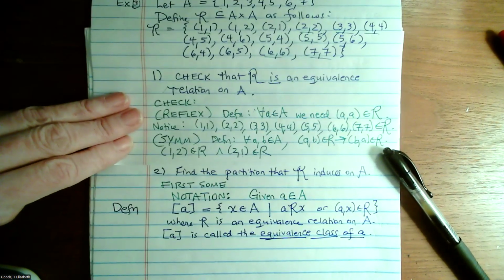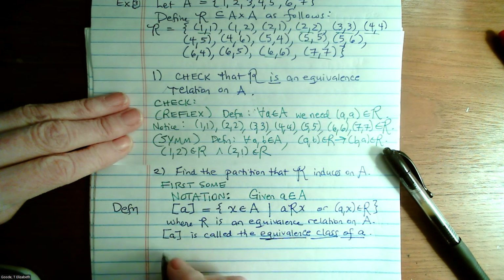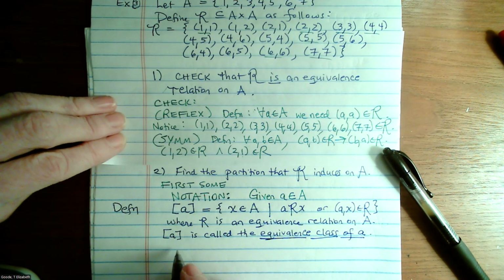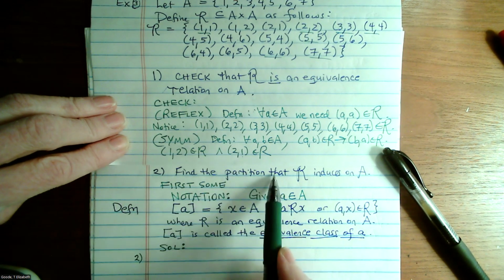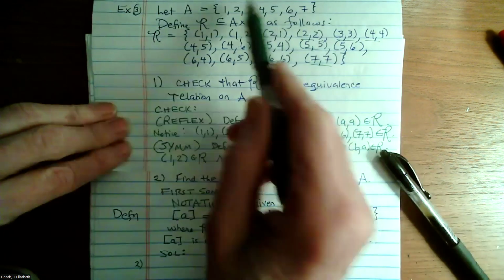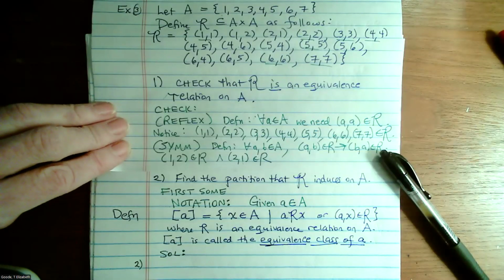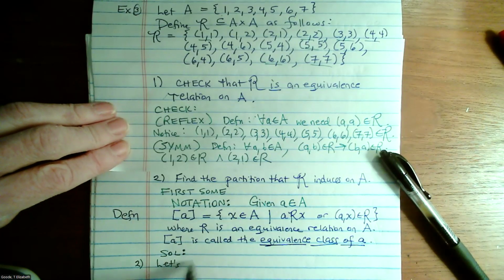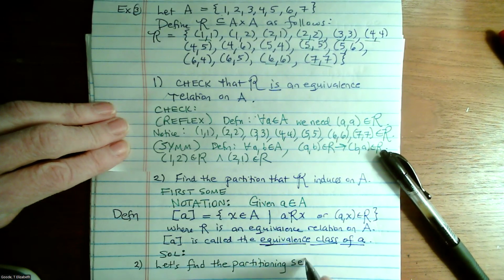Okay. So let's go for a solution here. We're going to find this partition. Basically, we're just looking at the elements of A and we're asking, what are they related to? So let's find the partitioning sets. Those are the subsets that live in the partition.